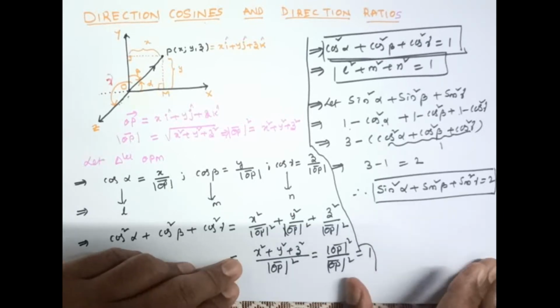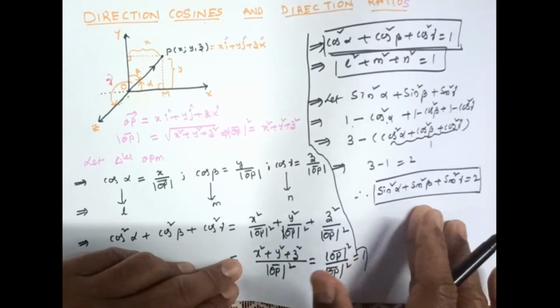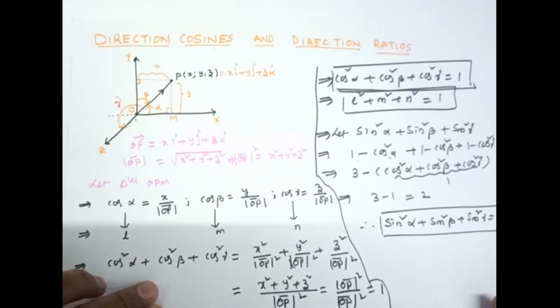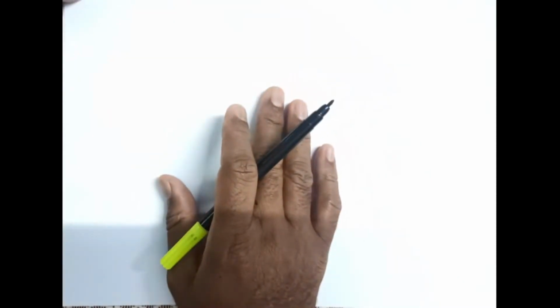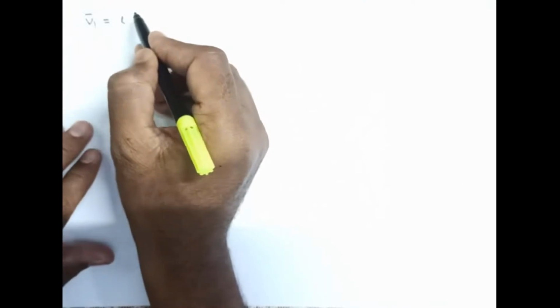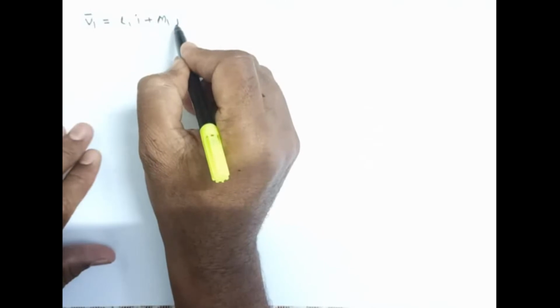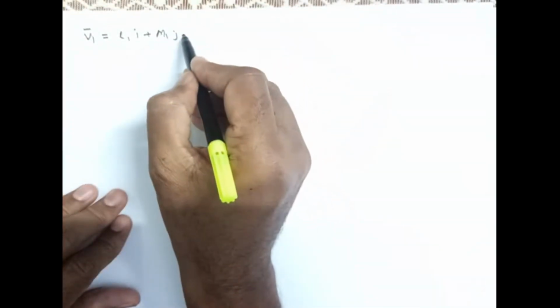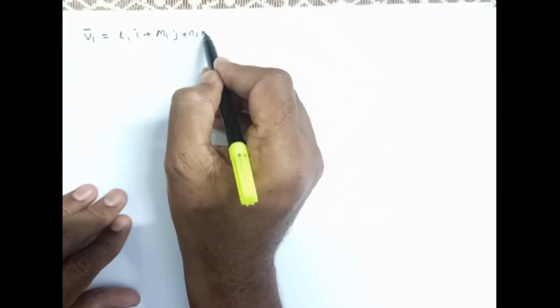Okay, now we can consider one vector. Let us take one vector v1 bar is equal to L1 i plus M1 j plus N1 k.